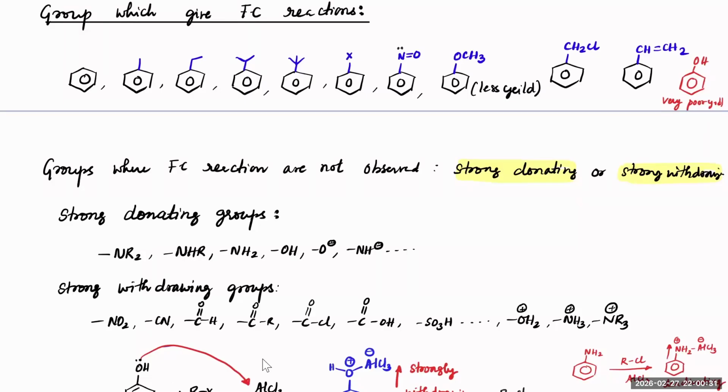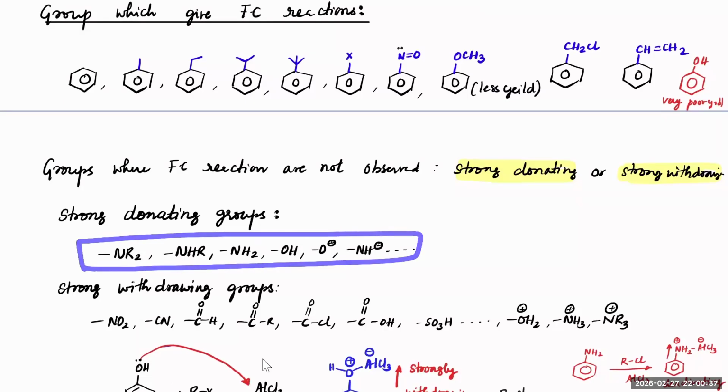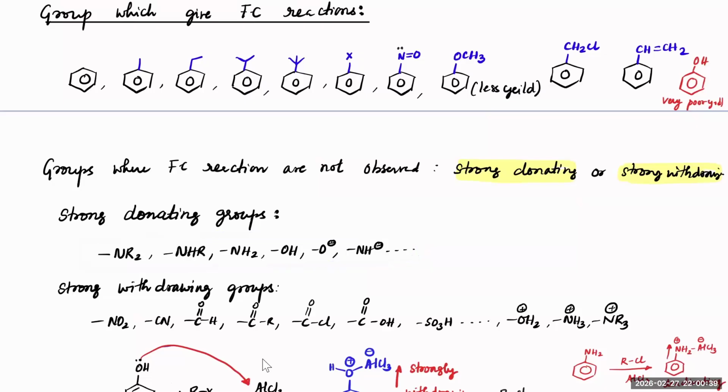Now, which are those groups? How do we identify them? See, these are the groups which are very strongly donating on benzene: any directly connected nitrogen with a lone pair, NR2, NHR, NH2, and the same goes for OH, O minus, NH minus. These are all very strongly donating groups.